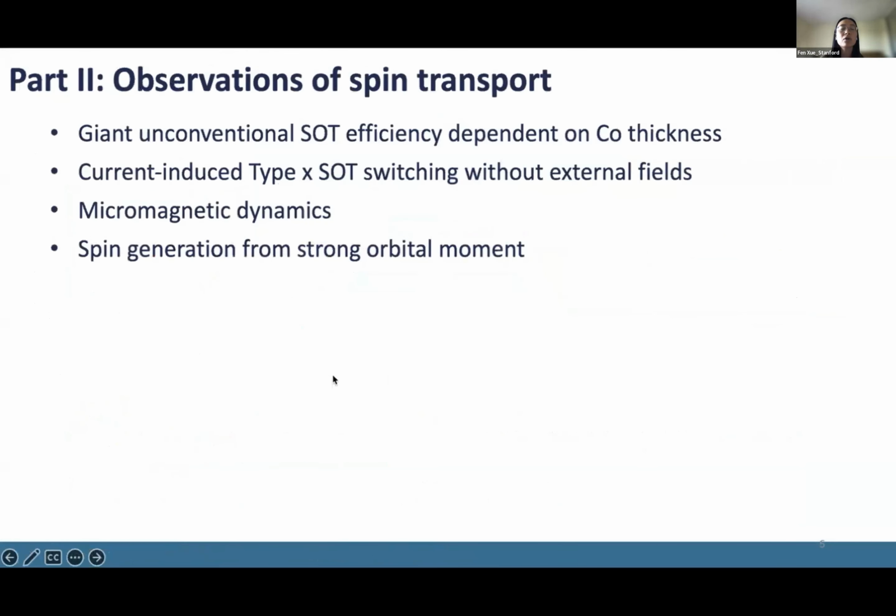In the second part, I will present our observations of spin transport in the Pd-coupled multilayer, especially its joint conventional SOT efficiency and the current-induced switching.